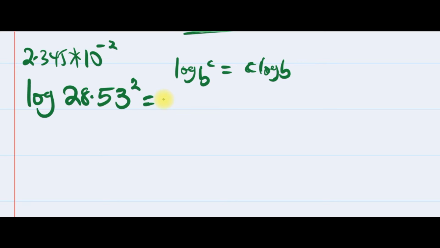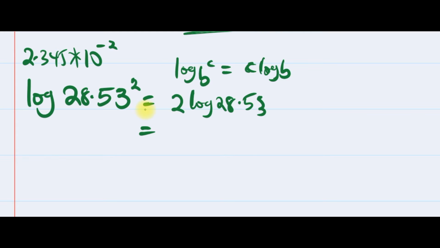So we first find log 28.53 and multiply it by 2 using the laws. If you are not yet conversant with the law, I have a video on that, you check back. So once you know the value of this, multiplying it by 2 is the same thing as getting the log of 28.53 raised to power 2.